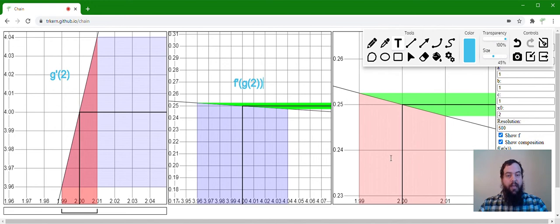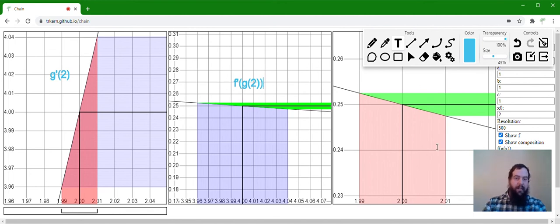And so the multiplier going from the size of this original input to the size of this output: first we multiply the size by g prime of 2, and then we multiply the size by f prime of g of 2.